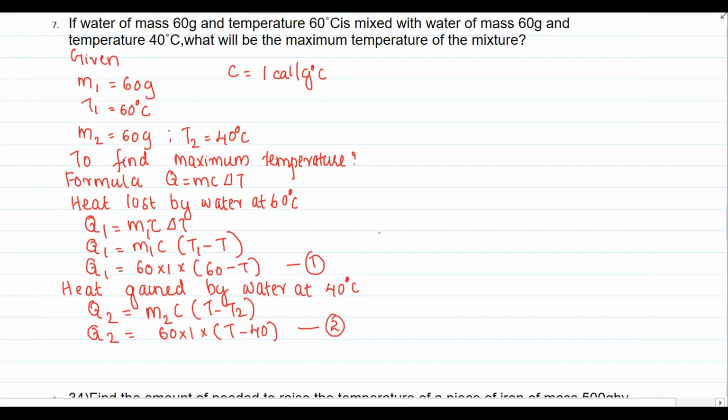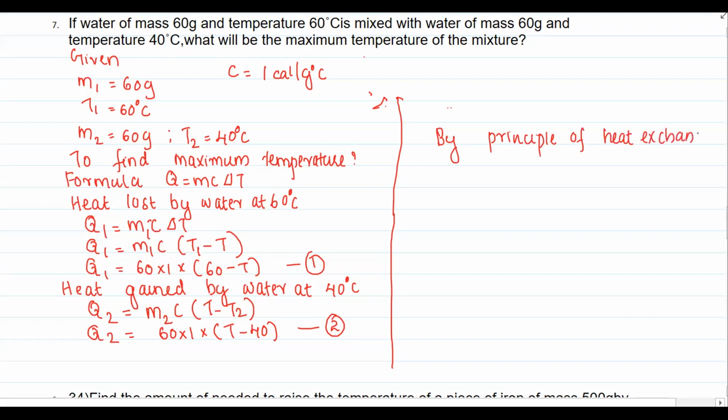We know that by the principle of heat exchange, we have learned that heat will flow from higher temperature to lower temperature till it remains the same. So, by principle of heat exchange, heat loss is equal to heat gain.